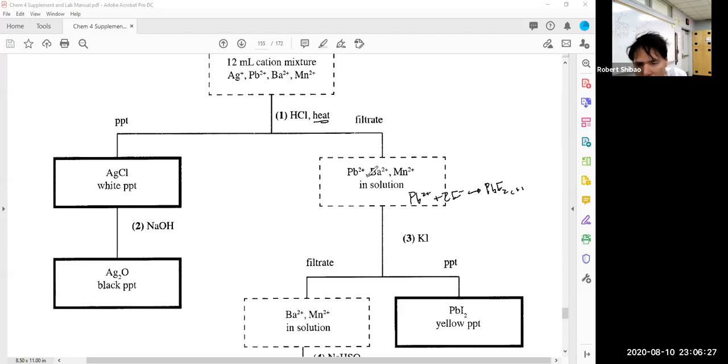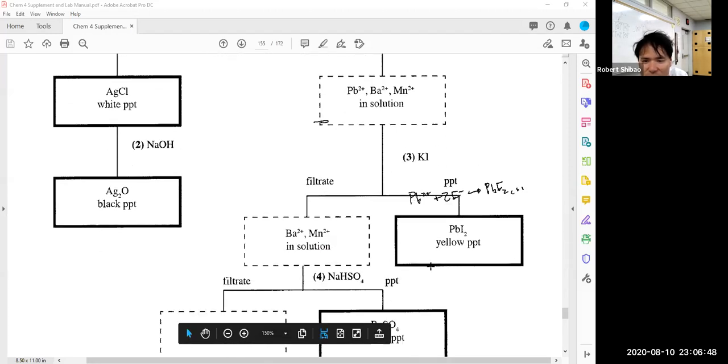Now, assuming the separation went nicely, this is what we end up with, and then we need to do another complete separation here. That is, we got to make sure we get rid of all the lead as the precipitate here, because we don't want lead interfering with subsequent tests for barium and manganese.